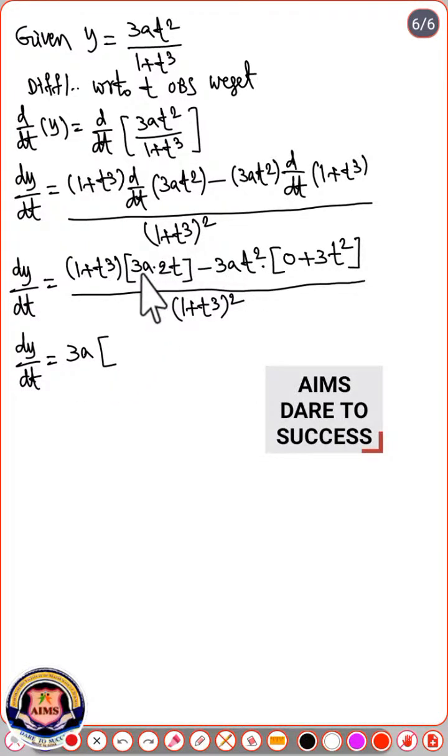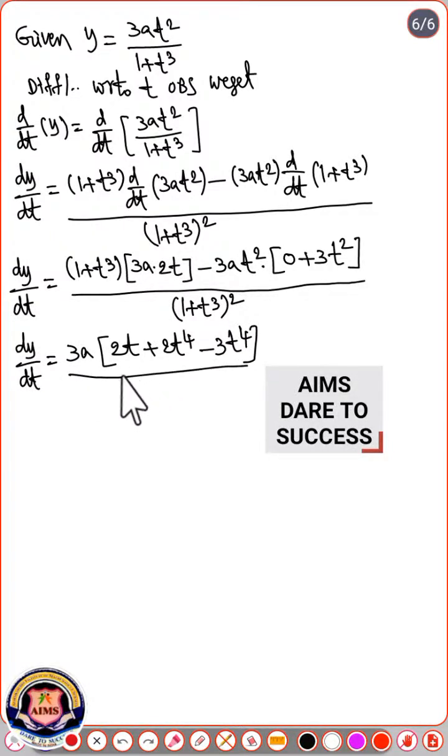After taking 3a common, remaining 2t, so 2t into 1 is 2t plus 2t into t cube is 2t power 4. Here 3a went outside, remaining value minus t square into 3t square is minus 3t power 4, whole divided by 1 plus t cube whole square.